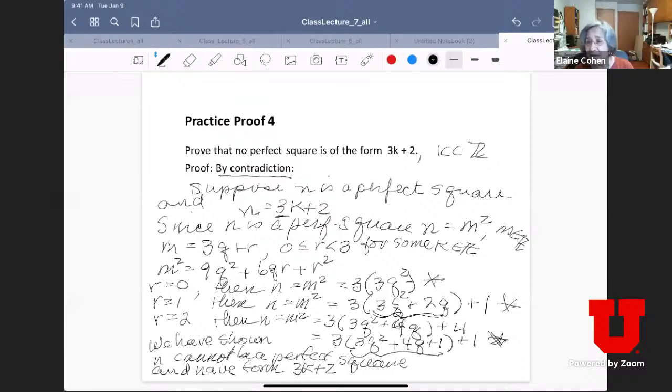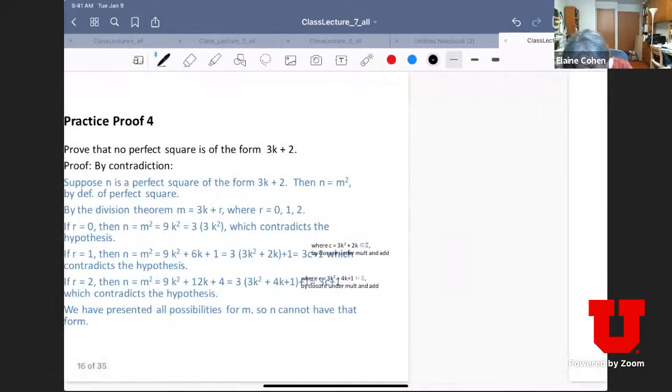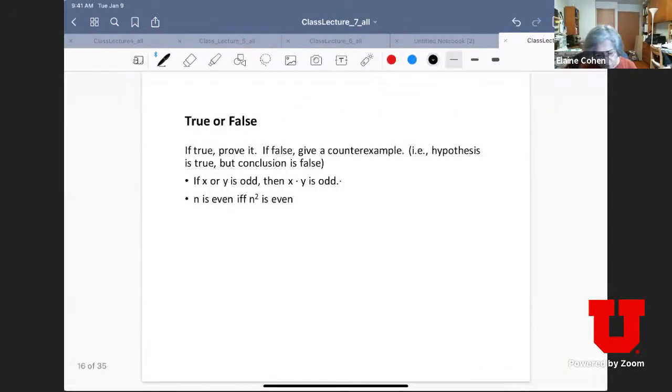Okay, we have time for a true or false. I want to go for some of the examples, but let's give an example here. If X or Y is odd, then X times Y is odd.